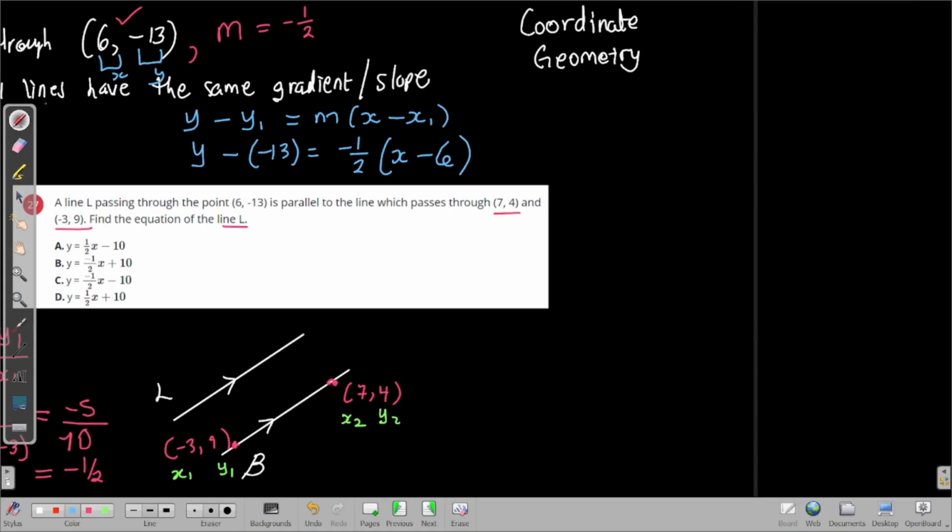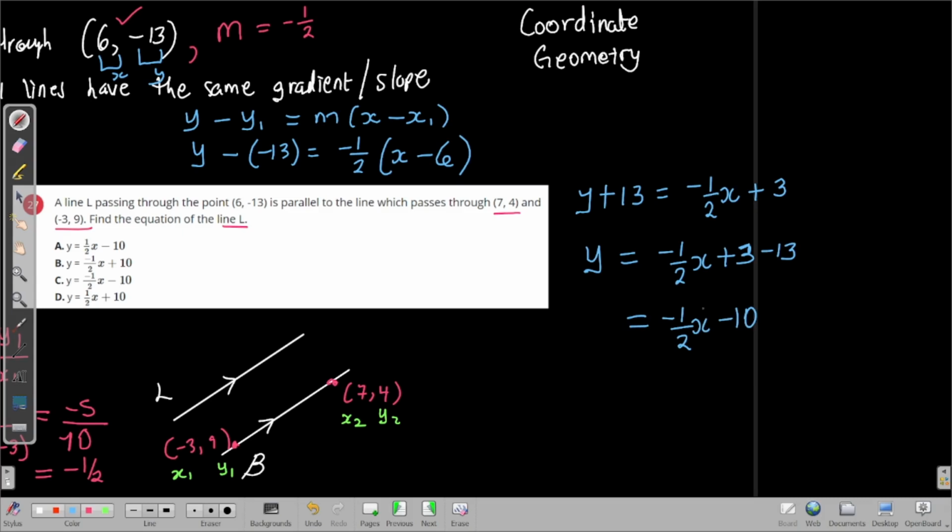So y minus minus 13, that's y plus 13, is equal to, if you expand the brackets, minus 1 over 2 x plus 3. How do I get plus? Minus times minus, and then 3 is from 1 over 2 times 6. Okay, so y is equal to minus 1 over 2 x plus 3 minus 13. Okay, so that's option C.